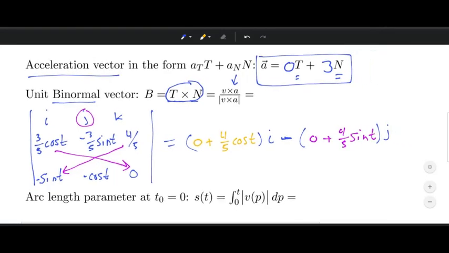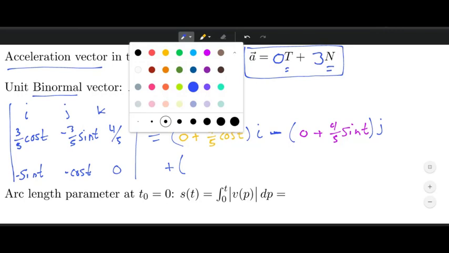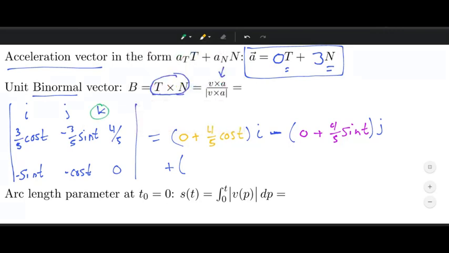And then for the k component, let's just go ahead and write it underneath here. Plus, let's get rid of some of this work. All right, that's going to be 3/5 cosine t times negative cosine t. So that's negative 3/5 cosine squared t.